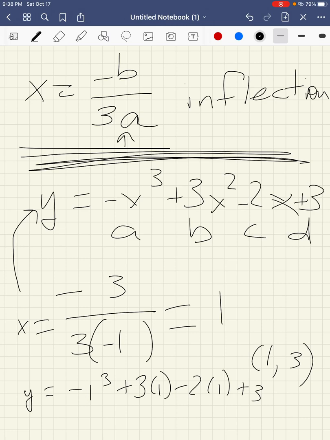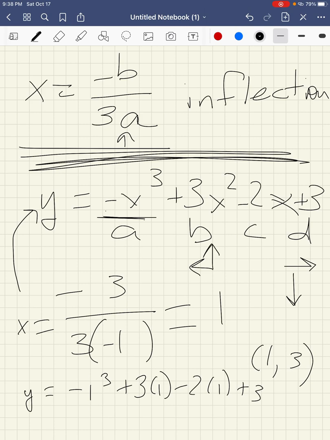All right, now let's look at the end behavior. If x is a really big positive number, going this direction, this is a negative x cubed, so it will be a really big negative number, so it's going to be going down on this end. On this end over here, if x is a really big negative number, then x cubed would be negative, and negative times the negative makes it positive.